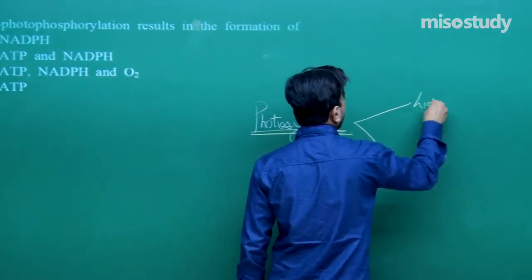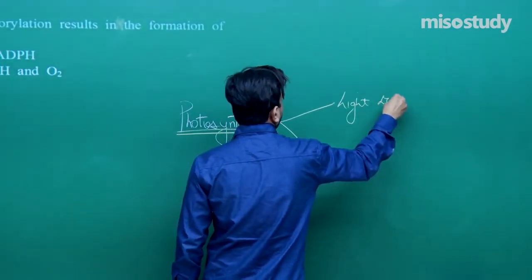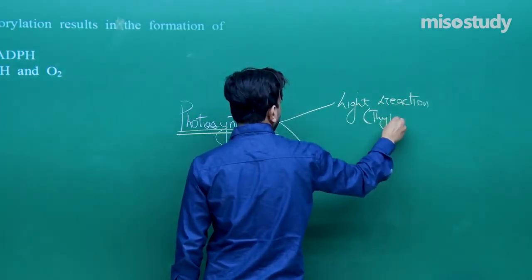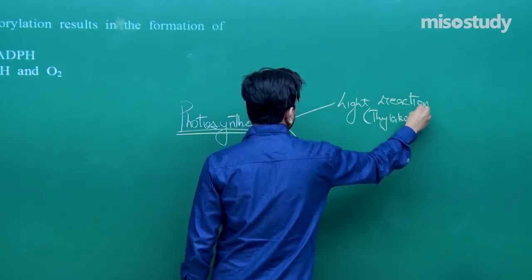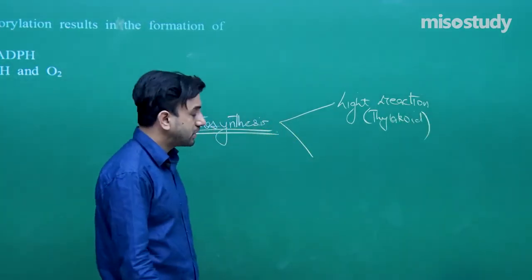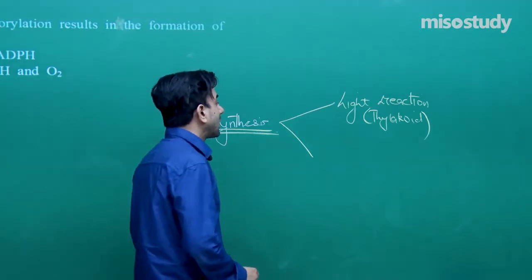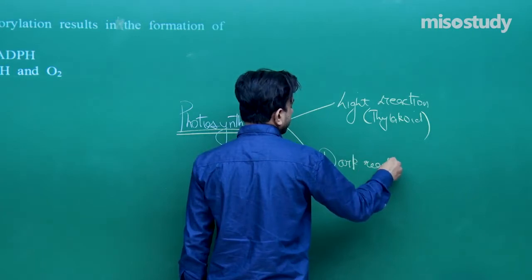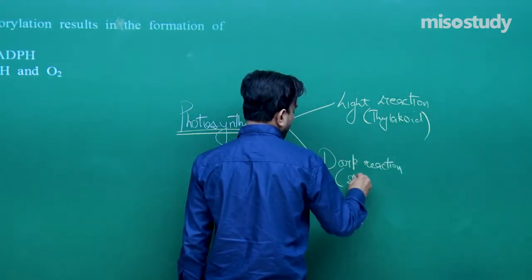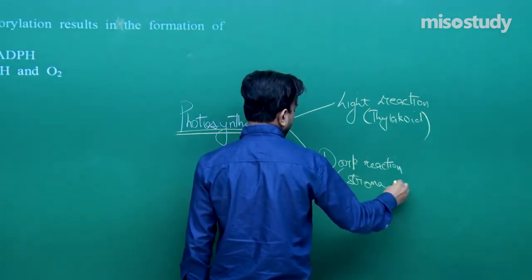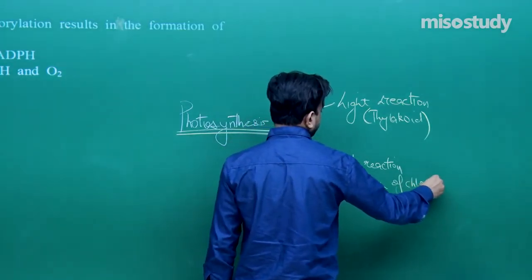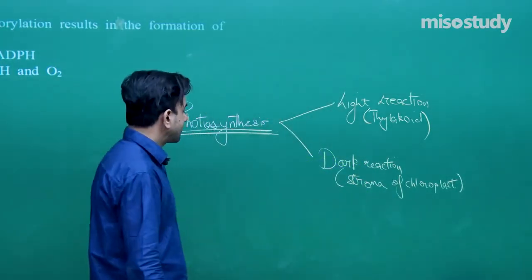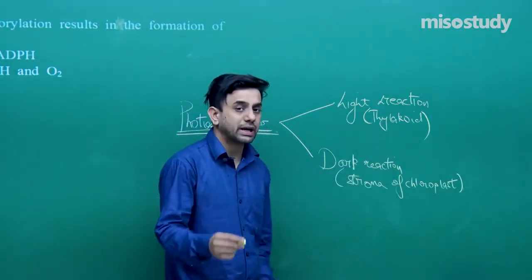The light reaction takes place in the thylakoids, and the dark reaction, we have been reading this since 9th or 10th standard, or some intelligent people maybe since 4th or 5th standard, takes place in the stroma of the chloroplast. And the light reaction takes place in the thylakoid lumen, the grana, and all that.